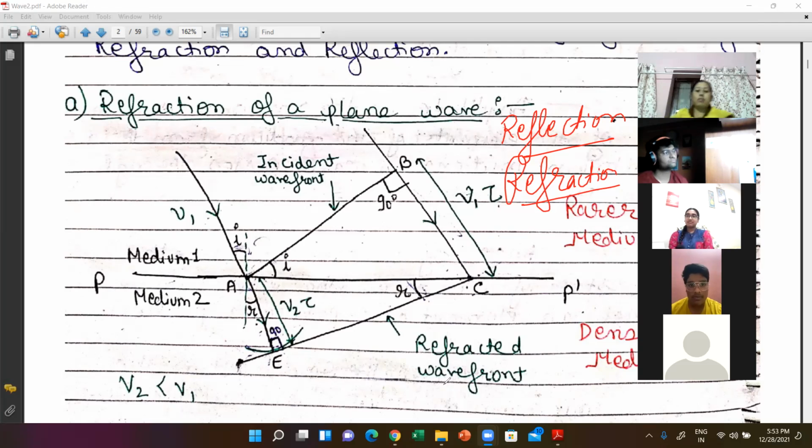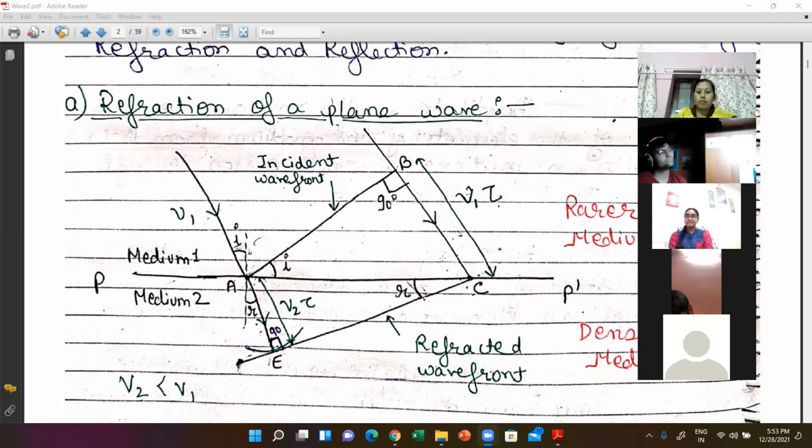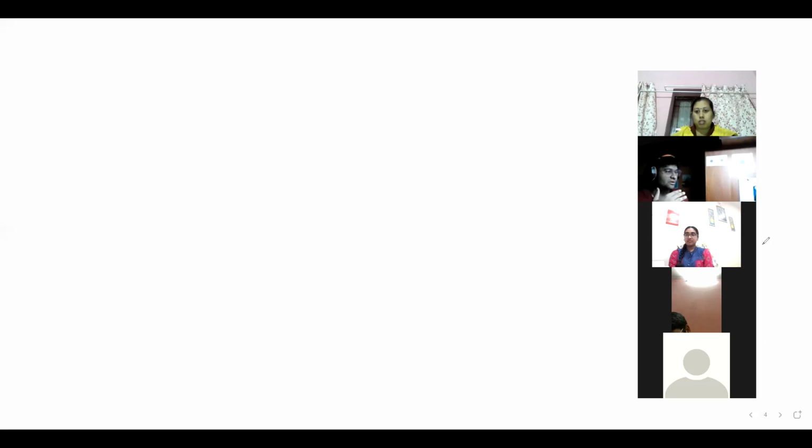First, you understand this concept, refraction and reflection, then we will go into this. When light bounces, it doesn't bounce directly back to you, right? It goes in a different direction.